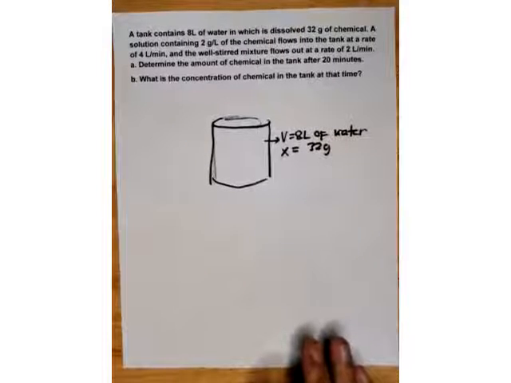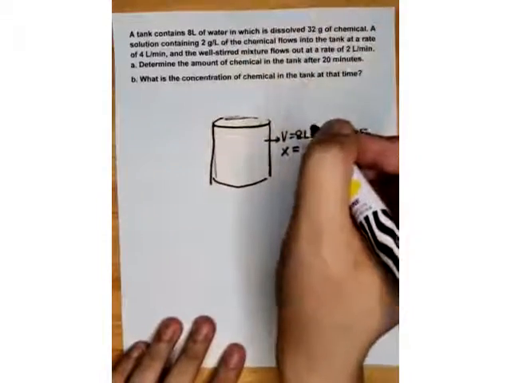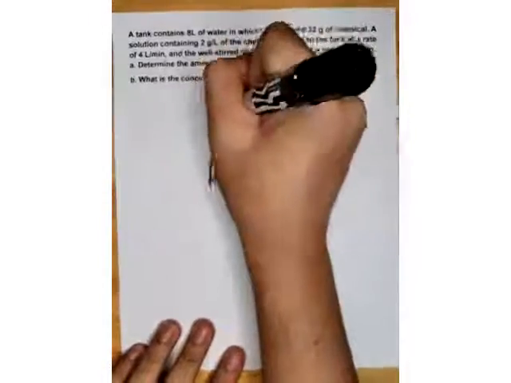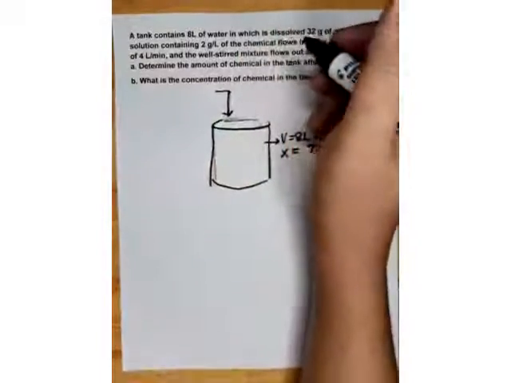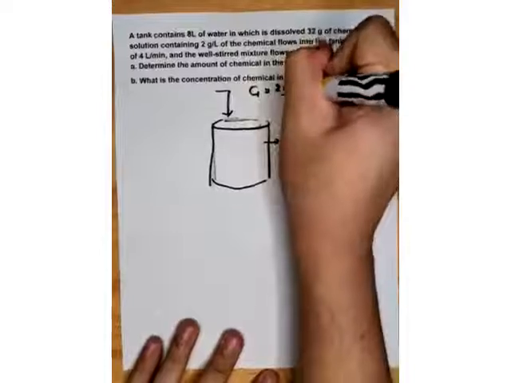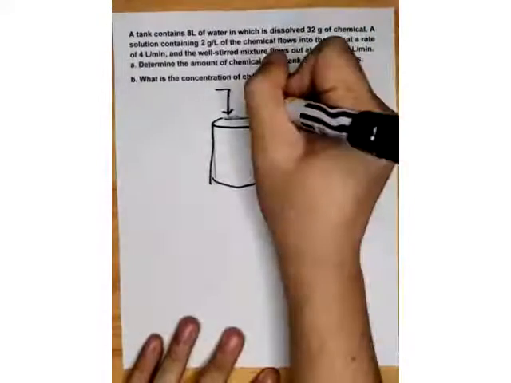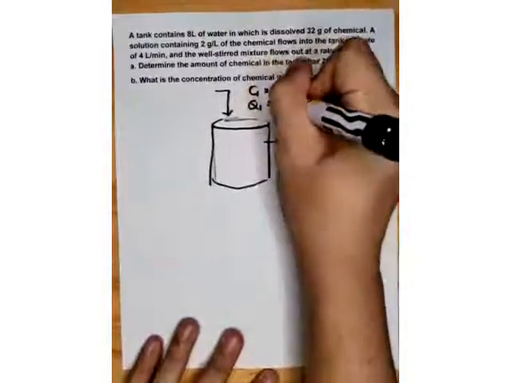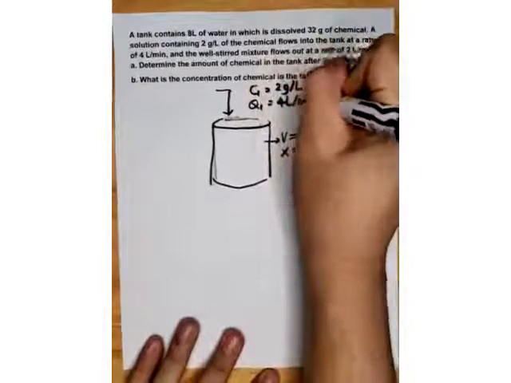A solution containing 2 grams per liter of chemicals flows into the tank. So that means meron tayong concentration na C in 2 grams per liter, at ang rate niya, yung Q1 natin is 4 liters per minute.